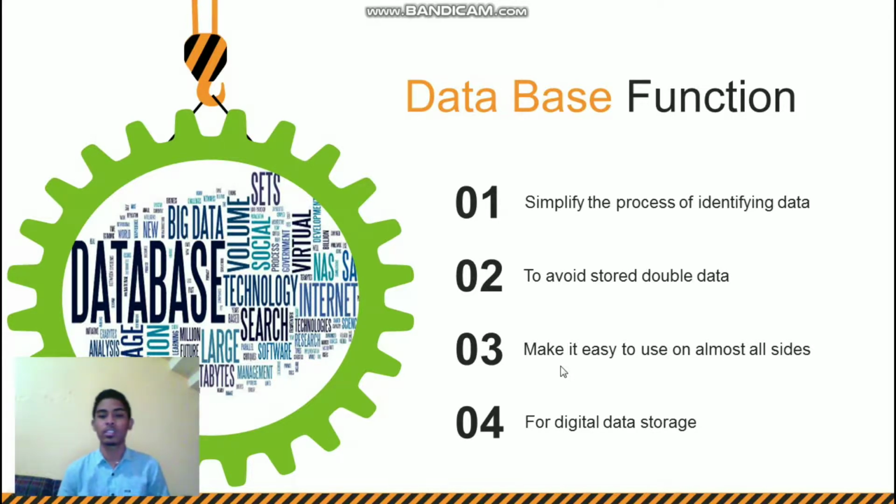And the last one is for digital data storage. And that's all the definition about database and the function about database. And now let's move to the second point, that is how to create database.